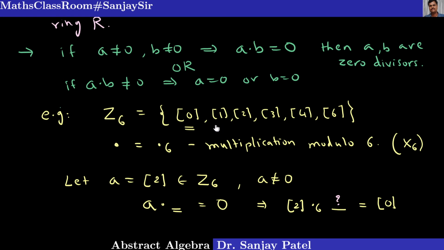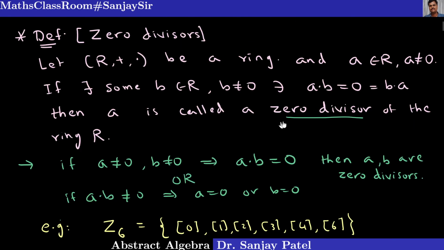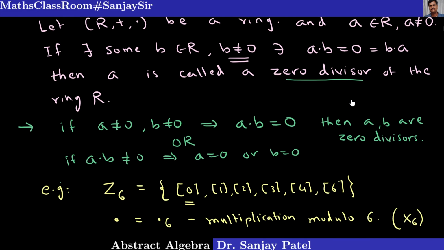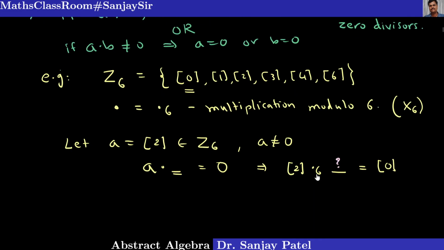If I put say 1 here, this must be a non-zero element. Can you find a non-zero element in this blank space? Because according to our definition, given a non-zero element, we must find another non-zero element such that A into B is equal to 0. So here class 2 dot something, put the second element 1 here. 2 into 1 is equal to 2, which is not 0.